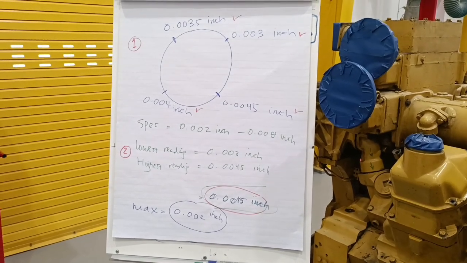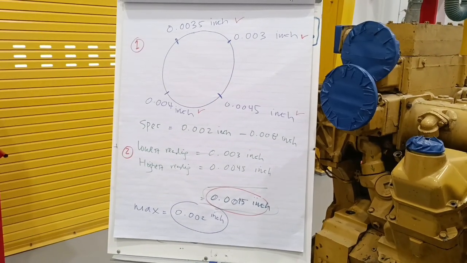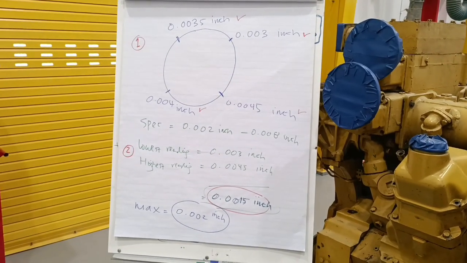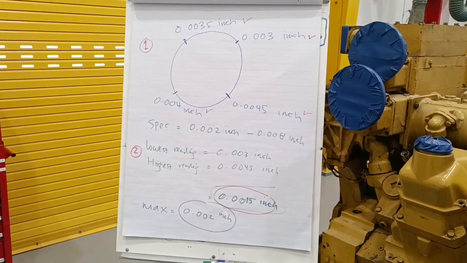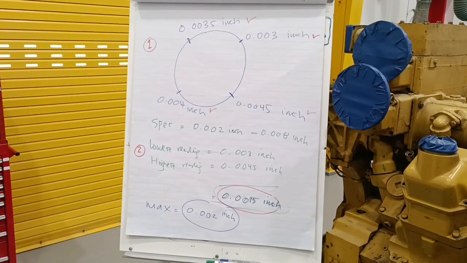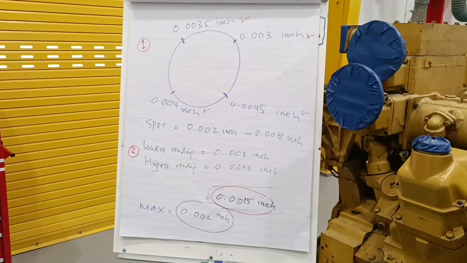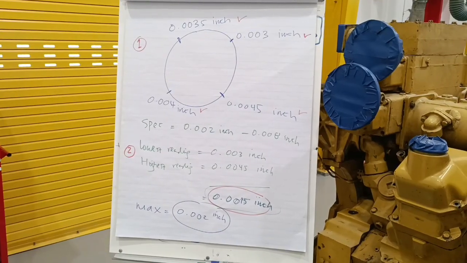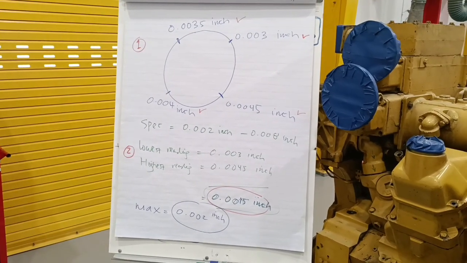The lowest reading is 0.003 inch and the highest reading is 0.0045 inch, so the difference is only 0.0015 inch. So within specification. The same procedure should be done for another cylinder. Okay, thanks so much.